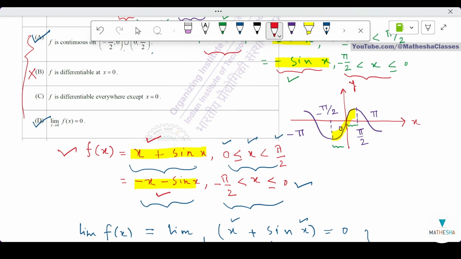So f is differentiable everywhere except x equal to 0. So definitely that is true. So the correct options are A, C, and D. Thank you.